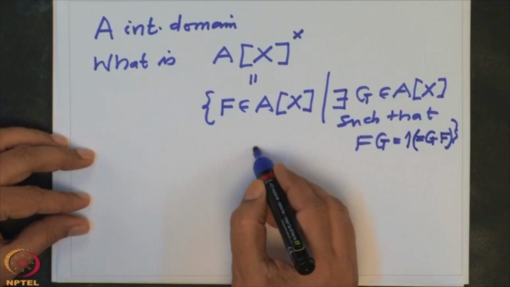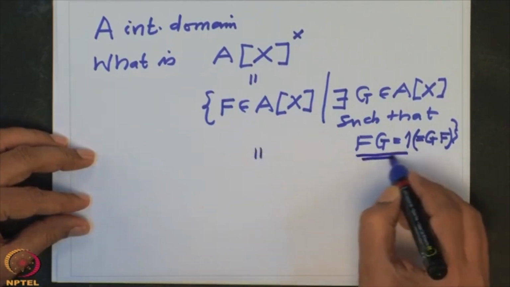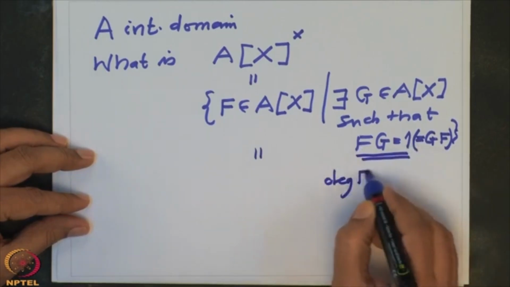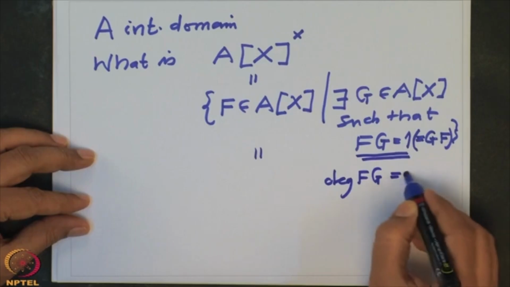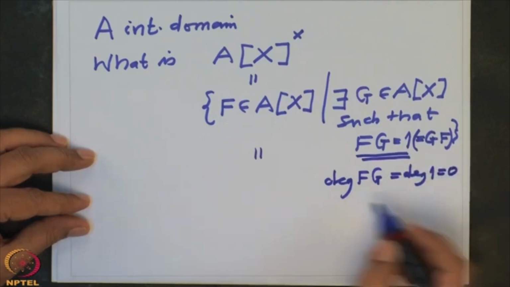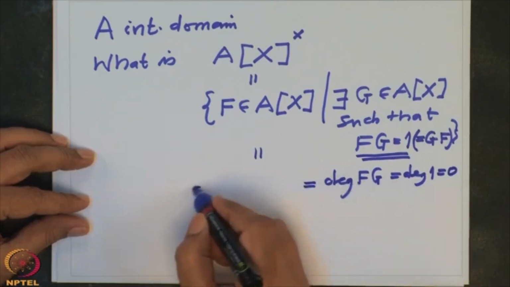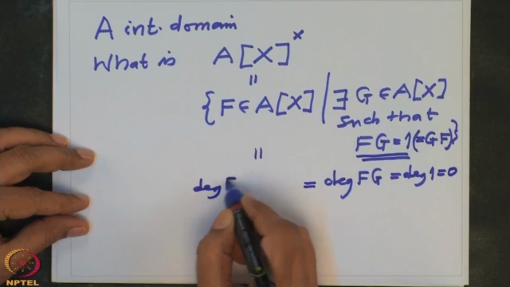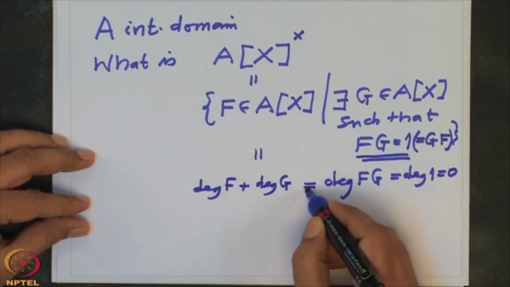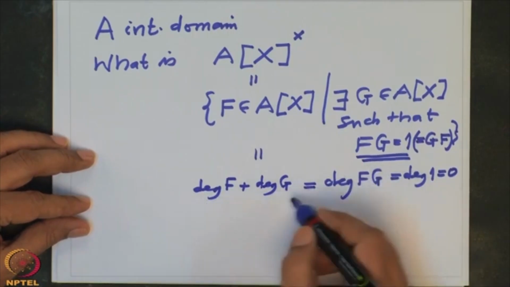But this condition will force what? If I compare the degrees, the degree of f times g is equal to the degree of 1, which is 0, since it is a constant polynomial. On the other hand, we know that the degree of the product is degree f plus degree g, because the leading coefficient of this product polynomial is precisely the product of the leading coefficients.